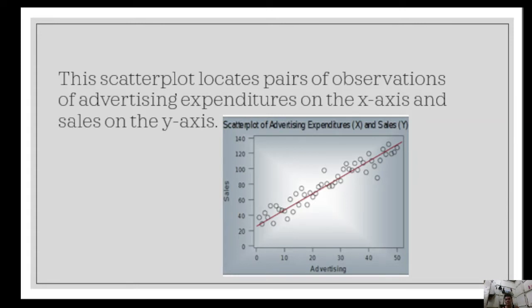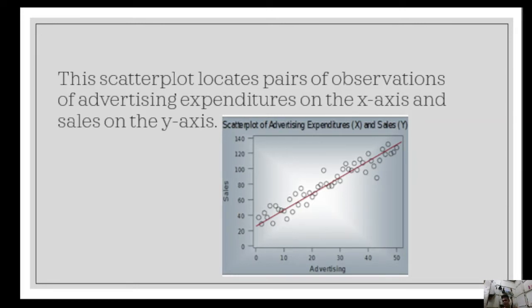Based on this figure, we notice that larger or smaller values of sales tend to be associated with larger or smaller values of advertising. The scattered points tend to be distributed around a positively sloped straight line.